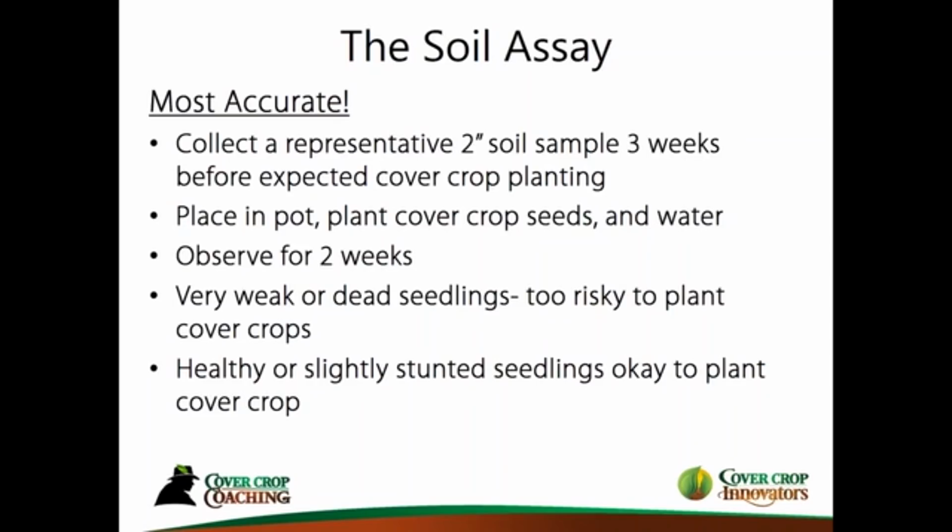The reason we're giving the exception here for slightly stunted seedlings is, number one, there's probably 3 more weeks, and you might have had a little more rain. That's in your favor. But the most important thing is we took the 2-inch sample, because by 2 weeks' time, those roots will be getting down into soil that probably does not have any herbicide influence anymore.